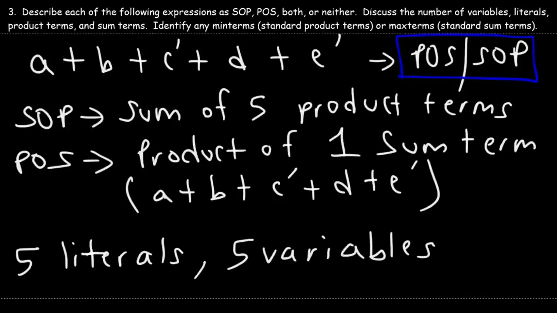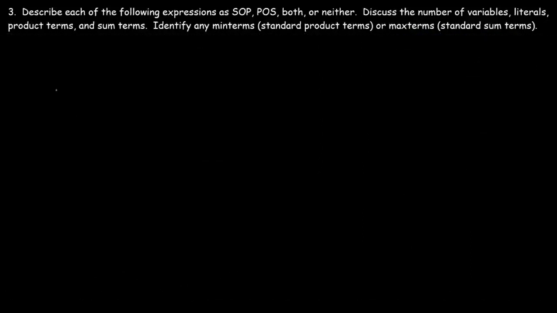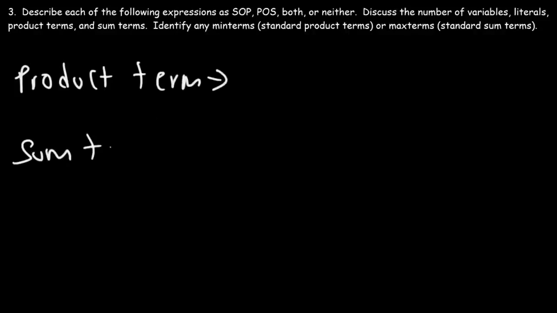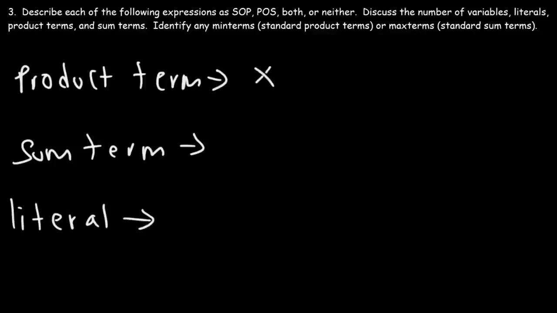So make sure that you understand the difference between a product term, a sum term, and a literal. So a product term could be just a single variable x, it could be y prime, or it could be multiple literals multiplied to each other, like xy prime or xyz.